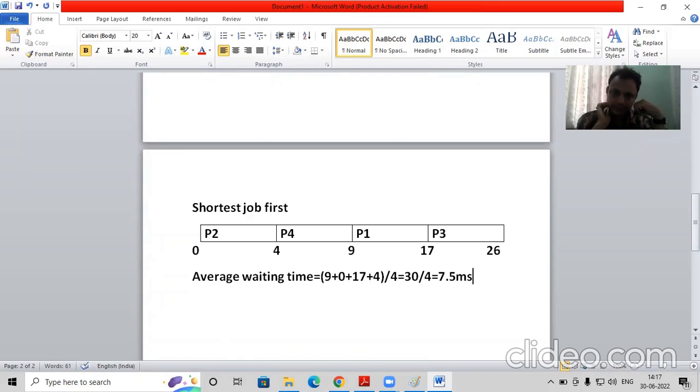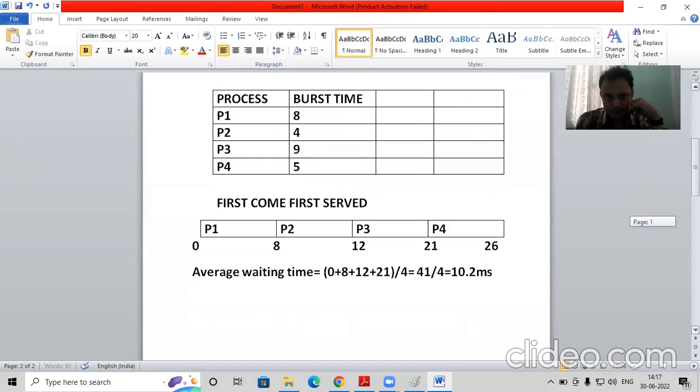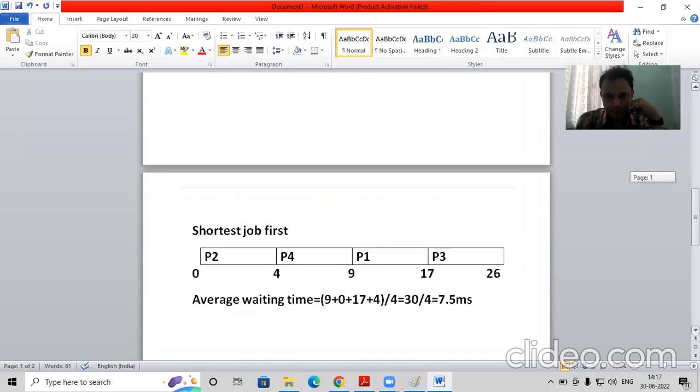Okay. So here the average time changed. In this case, it is 7.5 milliseconds, but previously in first come first serve, it was 10.25 milliseconds.